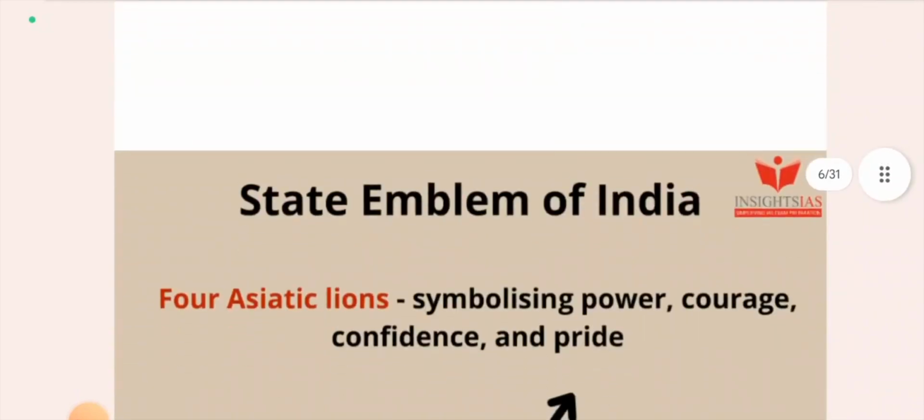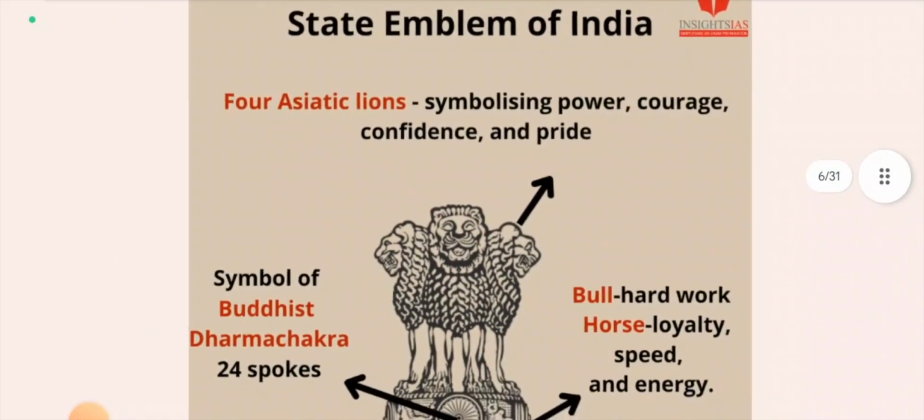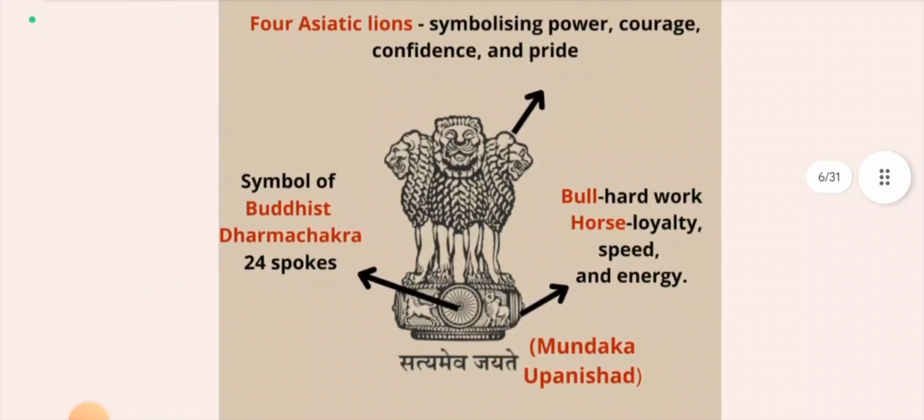See, the national emblem of India. 4 Asiatic lions symbolizing power, courage, confidence and pride. You can see the symbol of Buddhist Dharma Chakra with 24 spokes. Bull, hard work.